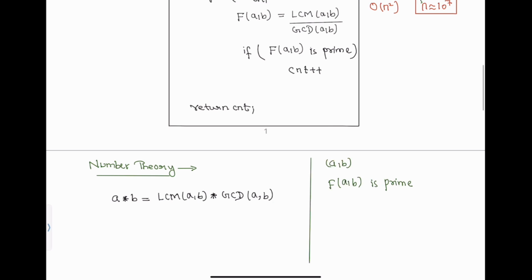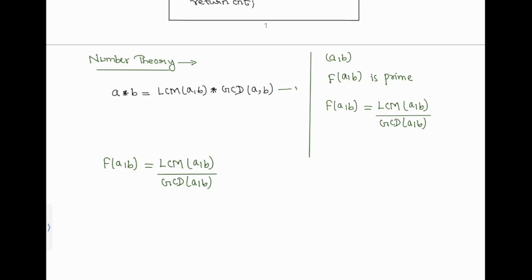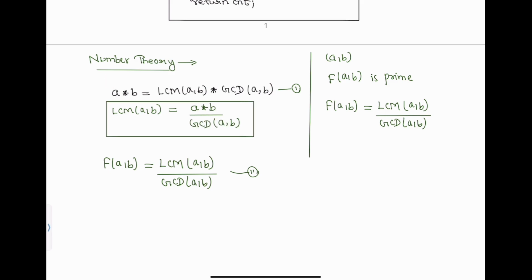And what is f(A, B)? It is the LCM of A and B divided by the GCD of A and B. So these are the two equations that we have. Now, if we rearrange the first equation, we can write that the LCM of A and B is equal to A times B divided by the GCD of A and B. And now we can use this value of LCM in our second equation.